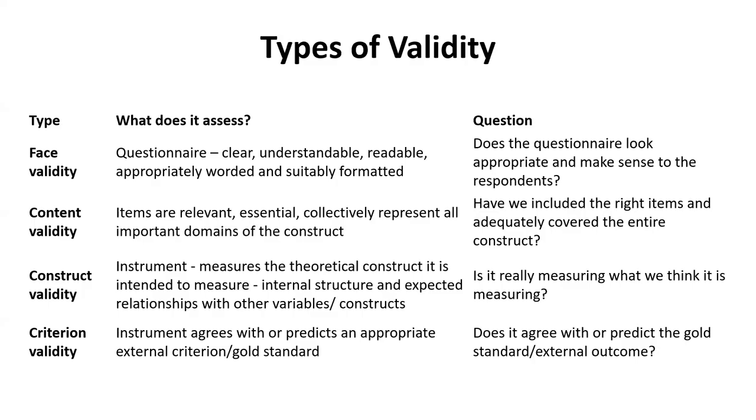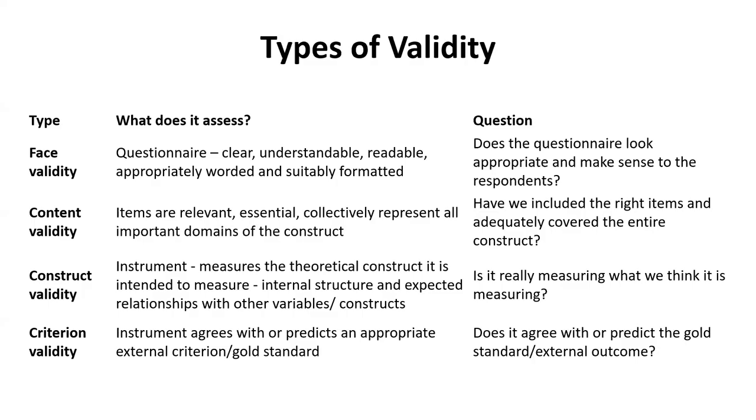The third one is construct validity. Here you want to measure the theoretical construct, whether it is correctly measured by the instrument. That is, whether your items are measuring the theoretical construct you intend to measure. Also, you look at the internal structure and the expected relationships between the various variables, and whether those different domains can be added together or whether they should be kept separate.